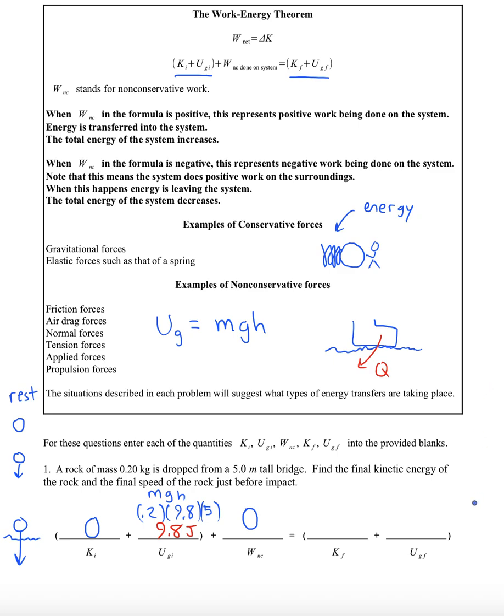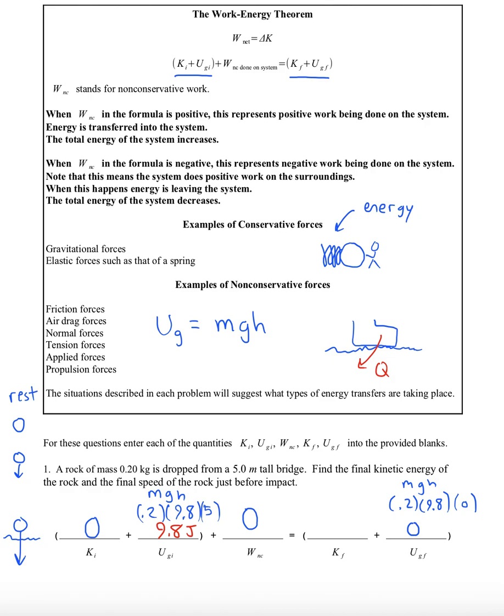All right. How much gravitational potential energy will it have at the end? Well, if you use mgh, 0.2, 9.8, and the h is the height above ground here, so that's 0. So it has 0 gravitational potential energy when it's on the ground.